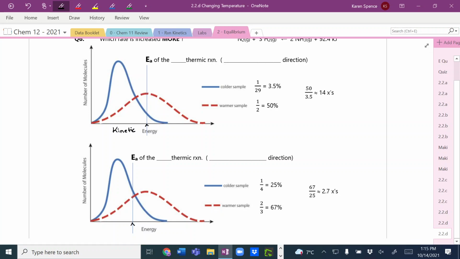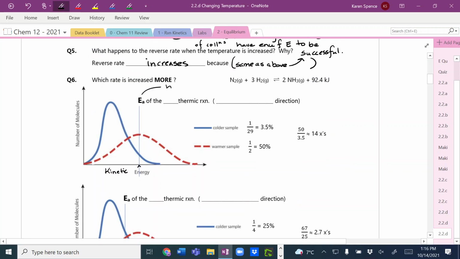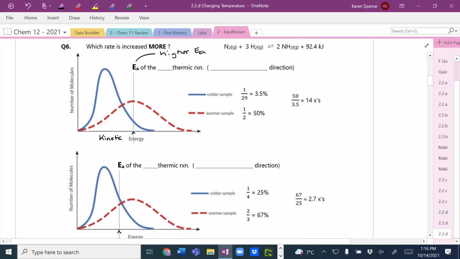This is a higher activation energy, yes, because it's further along the curve. So this one here has the higher activation energy. In fact, let's give it a number. Let's say that this is, I don't know, 50 kilojoules per mole.